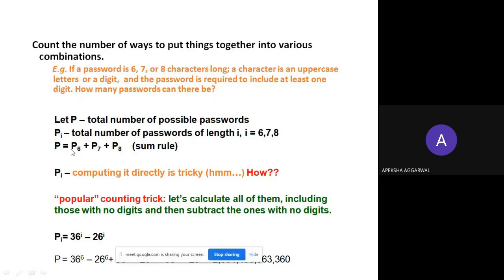For calculating the 6 digit password, you will use the product rule. For the first position, you have 36 characters, then for the second position you have 36 characters and so on. So 36 into 36 into 36 and so on. P6 would be calculated using the product rule and then you will add using the sum rule. So this is a combination of the product as well as the sum rule.